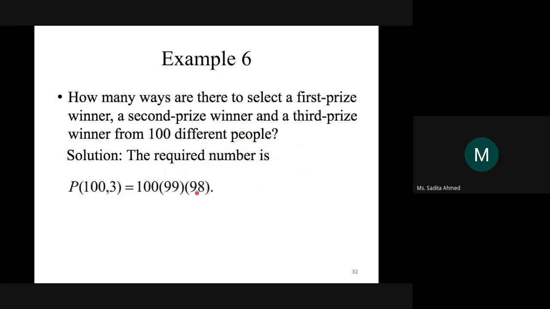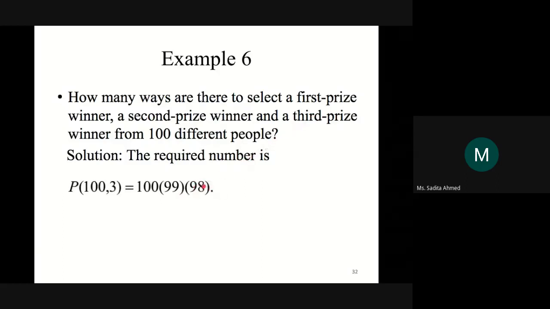Also, if you think about the product rule, even there it makes sense. For the first prize, how many options do you have to choose from? 100. Once you've selected the first prize winner, you move on to the second prize winner. But you've already selected one person, so now you have 99 options left. Similarly, for the third prize, since you've already selected 2 people, you have 98 options left.